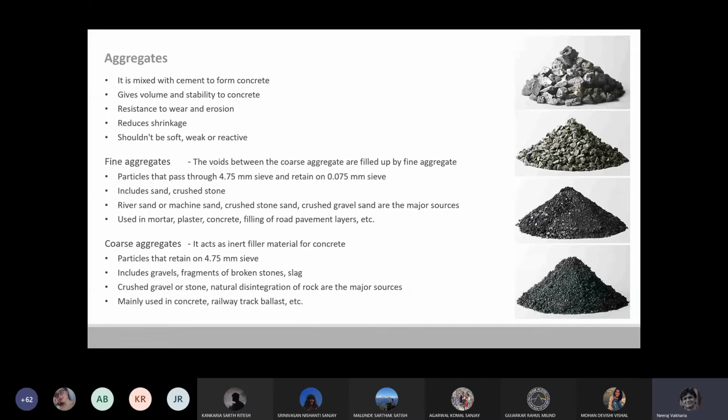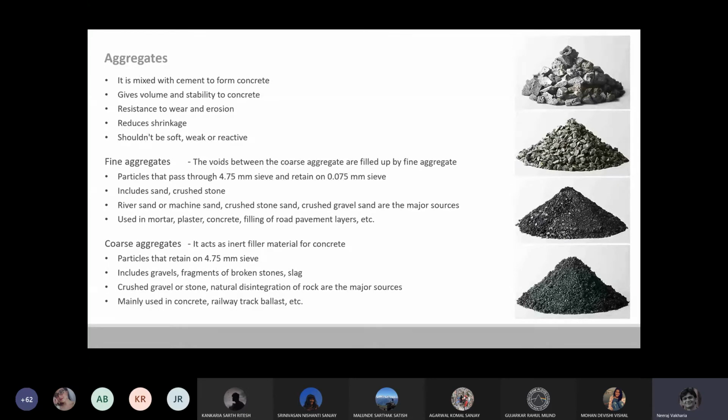We can't just use concrete throughout. First of all, concrete's weight is more than the aggregate, so aggregate makes the concrete lightweight. Aggregates which we use are generally of local material. In Mumbai we see basalt aggregates.